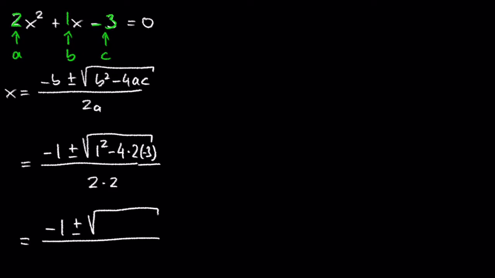One squared is 1. Negative 4 times 2 is negative 8 times negative 3 is positive 24. 2 times 2 is 4. One plus 24 is 25, and the square root of 25 is 5.